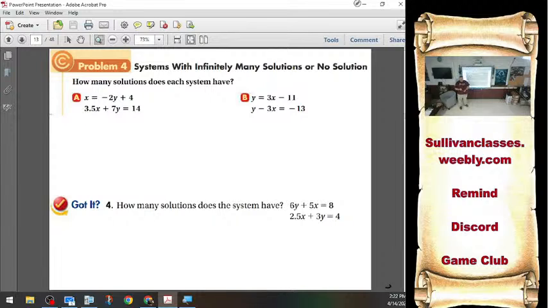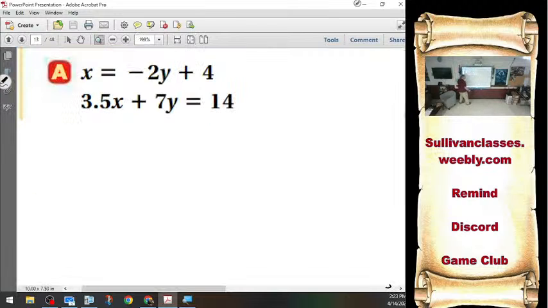What if I get 5 equals 5? Now first semester it was infinitely many solutions. Or sorry, it was all real numbers. Now, because I'm talking about lines, if I get 5 equals 5, I can't say all real numbers, I say infinitely many, because these are systems. So that's what these are. They're going to give you some system, you go to solve it, and something weird's going to happen at the end of it.